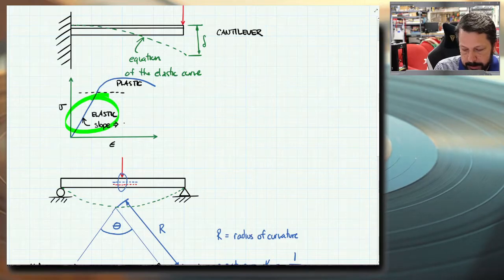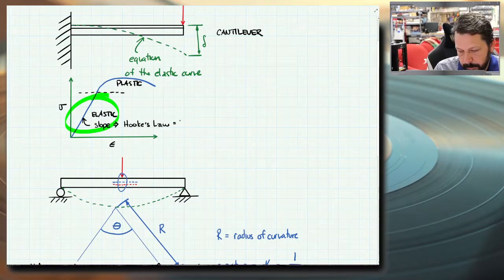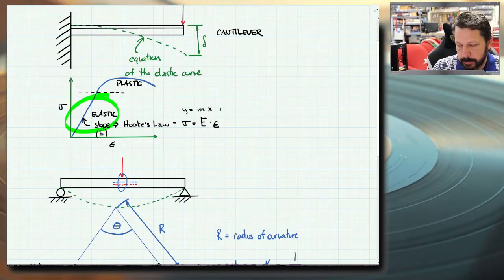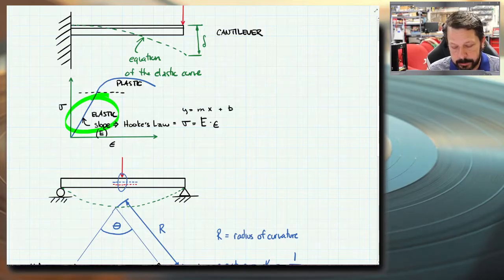Let's write that it leads us to Hooke's law, which says sigma equals E times epsilon, and the slope is E. This would be like y equals mx plus b, where b is 0. The y-intercept is 0.